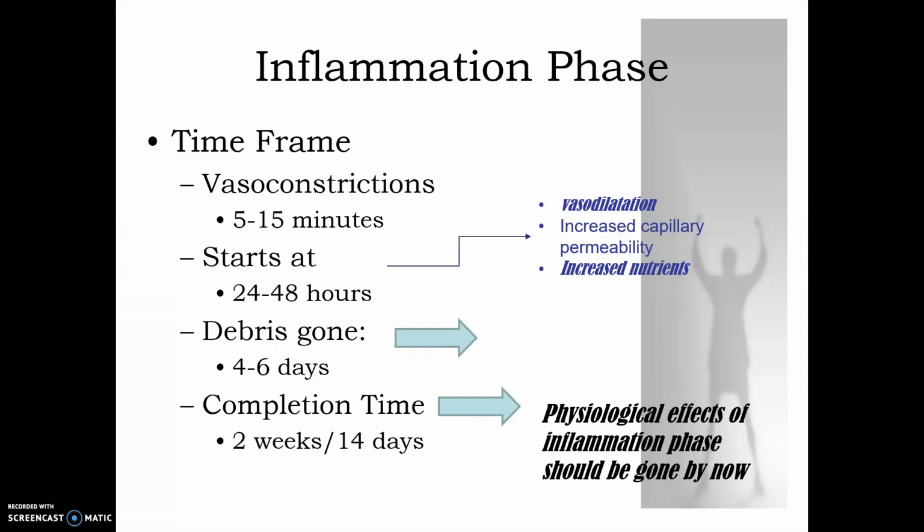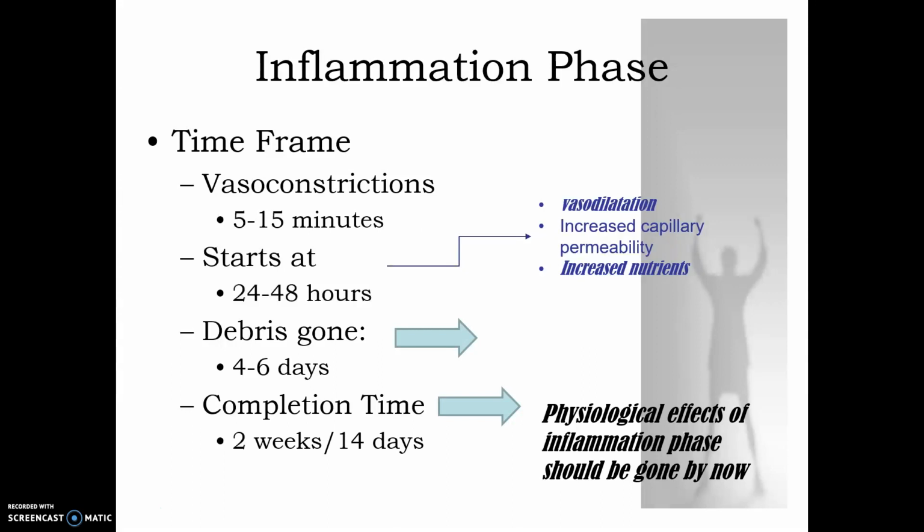And that is going to kind of jumpstart the inflammatory cycle and really bring everything to start and ramp it up. And then we're going to see that vasodilation, that increased capillary permeability, that is going to allow for increased nutrients into the area so that we can facilitate healing. And that's done through the release of histamine. So histamine is going to get into this area and create that vasodilation and that capillary permeability.